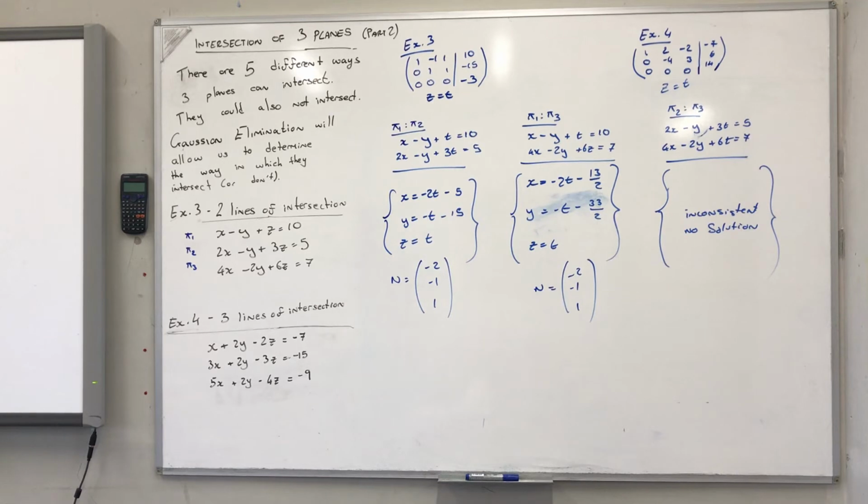Okay? I'm not going to attempt to draw a picture because I'm just not going to. But there's one in the textbook which is quite good and it really explains it. So what I'll do is I'll show what happens with example 4 when it's 3 lines of intersection.